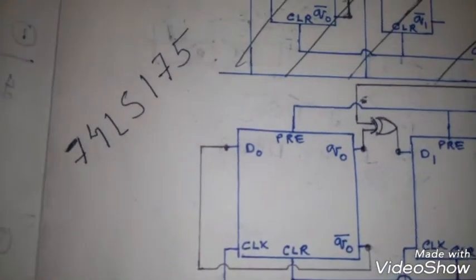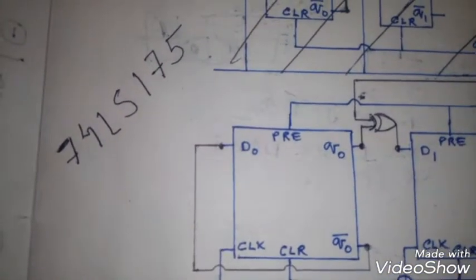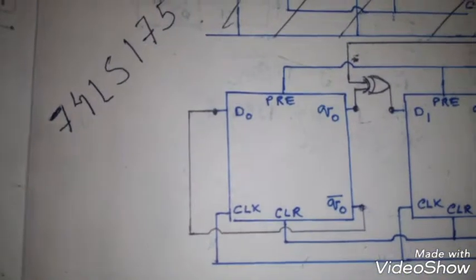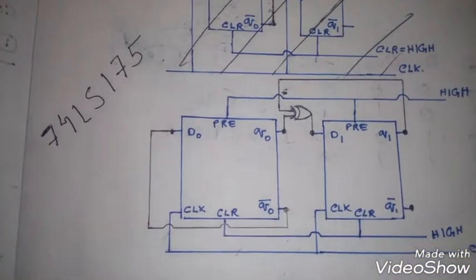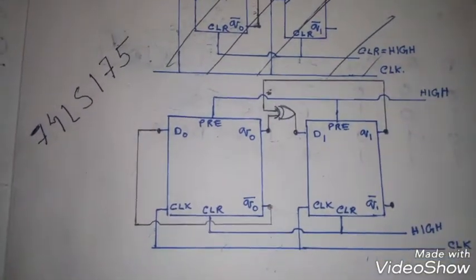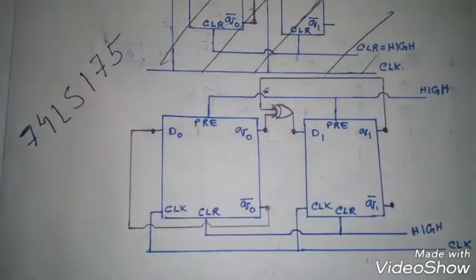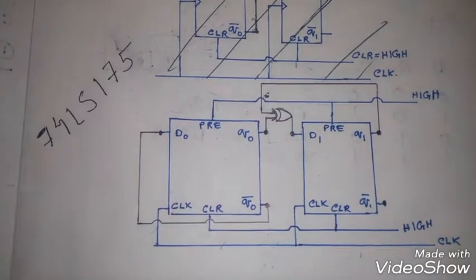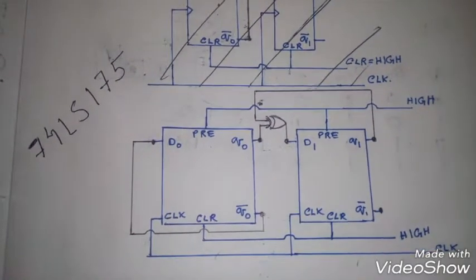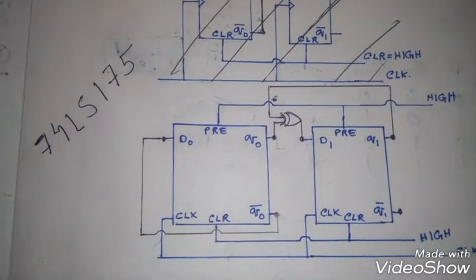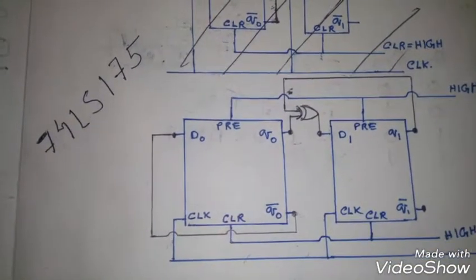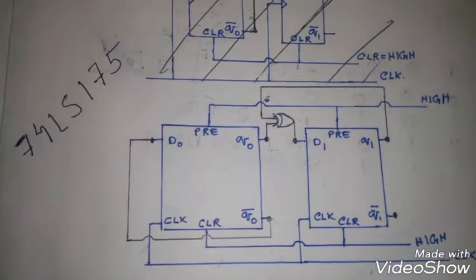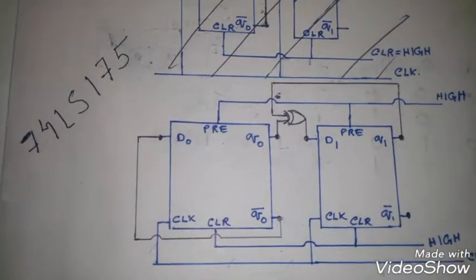The clock is connected to pin 9, the preset is inbuilt high, and the clear is connected at pin number 1. So this IC becomes very useful for drawing the flip-flops of even a mod 16 counter, but it should be a synchronous counter. In case of an asynchronous counter, you can draw the circuit diagrams, and also you can make the circuit practically only with the help of JK flip-flops.